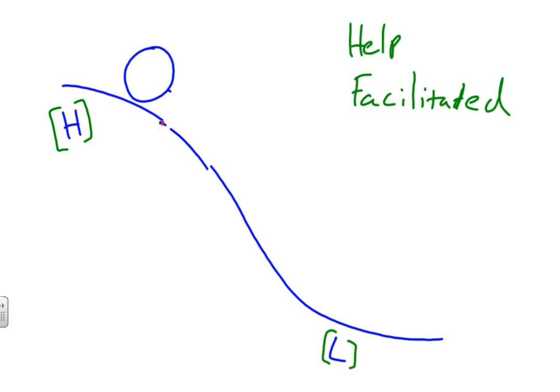Okay. Another thing we can do is we can do it like a door. Okay, I'm going to try my best to draw a panel door here. So we have that door, and it is big enough, let's say, to get this molecule through, but it's closed.